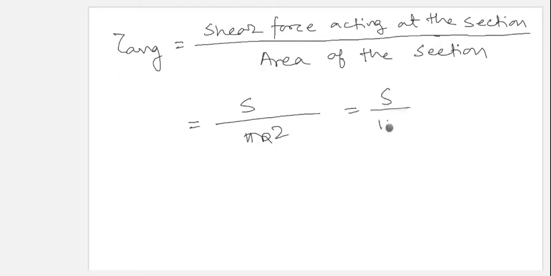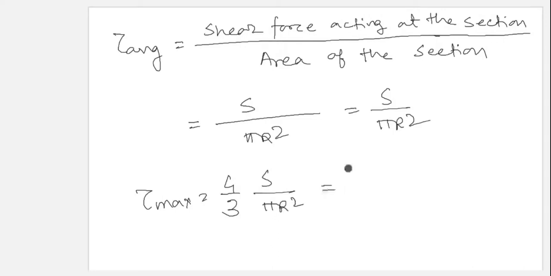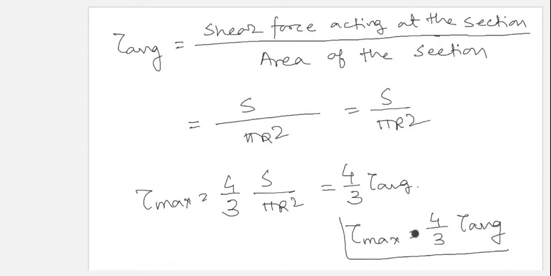So S by pi r². Tau max is 4/3 of S by pi r². That means 4/3 tau average. So tau max is equal to 4/3 of tau average. This is for circular.